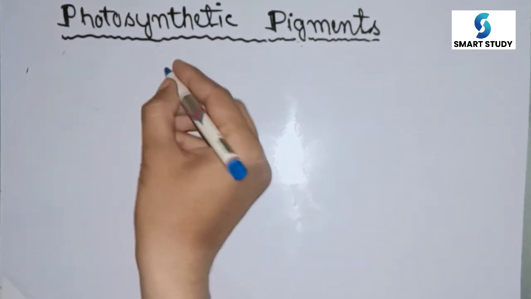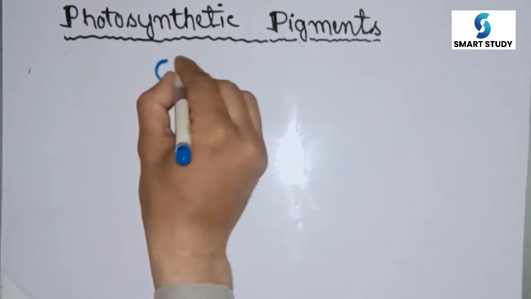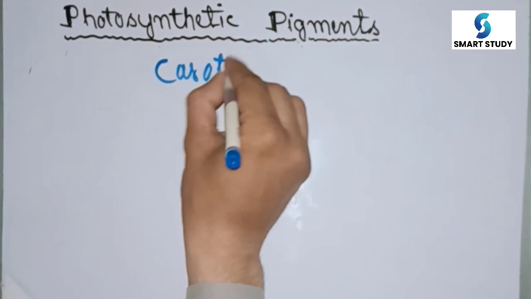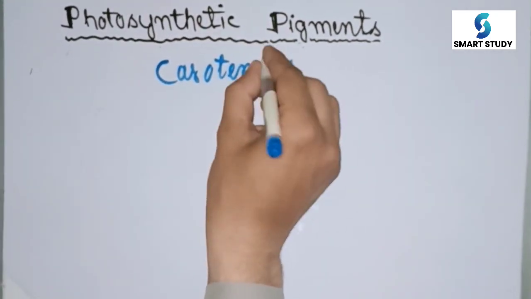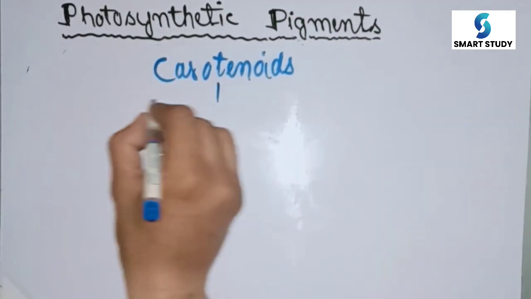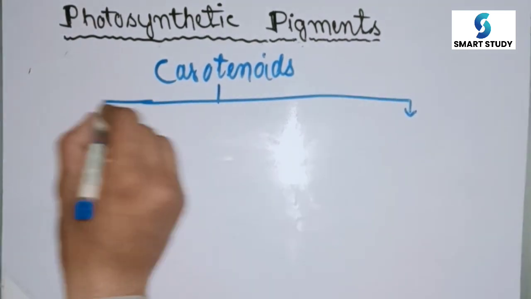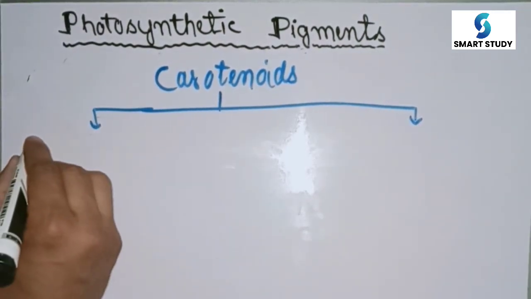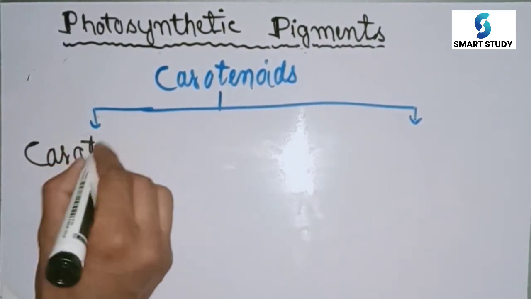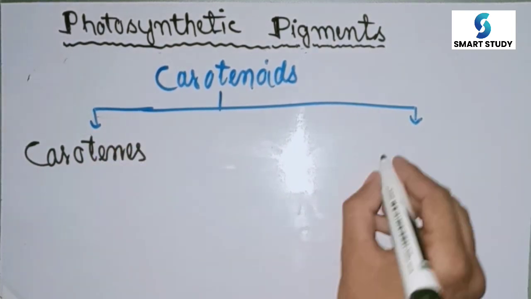So now we discuss another group of photosynthetic pigments. They are carotenoids. As you know, there are two types of carotenoids, carotenes and xanthophylls.